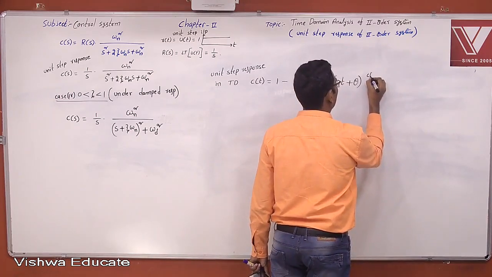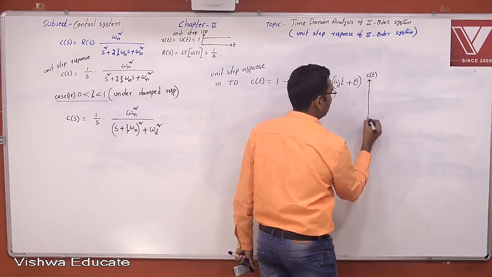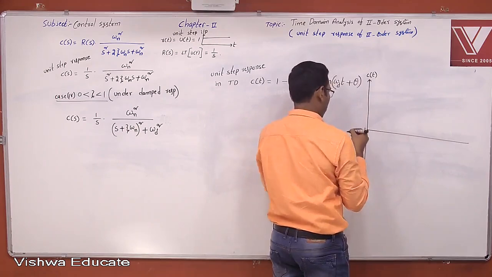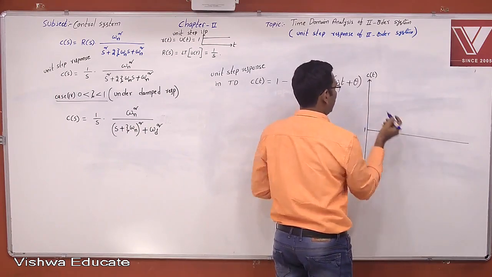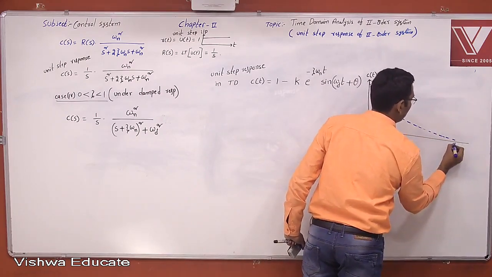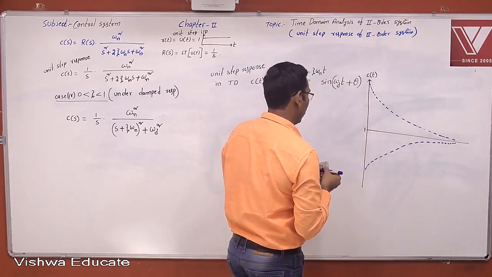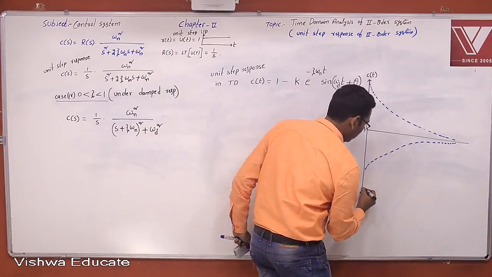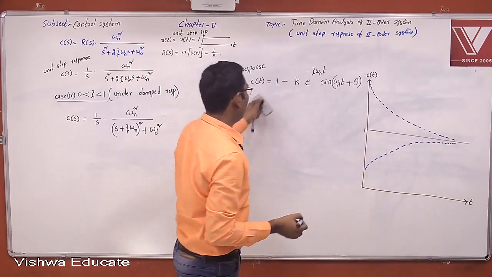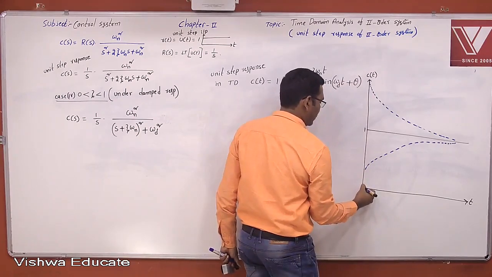Now this is the unit step response: exponentially decaying and its mirror image. One minus exponentially decaying starts at the rest position.